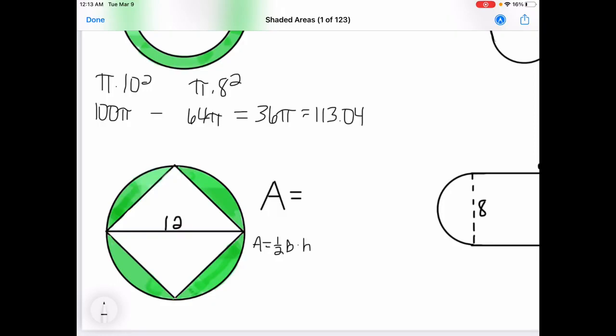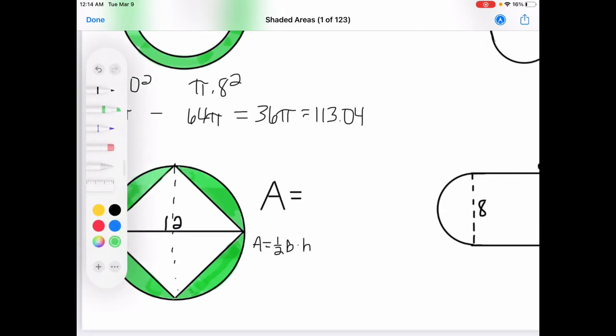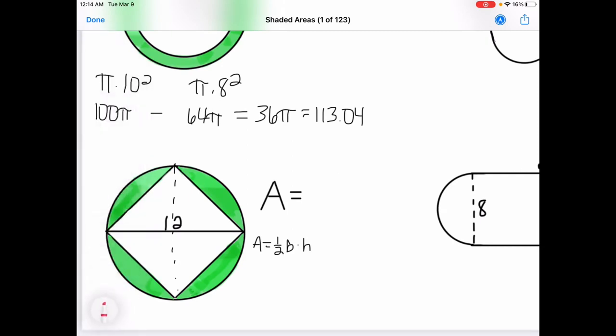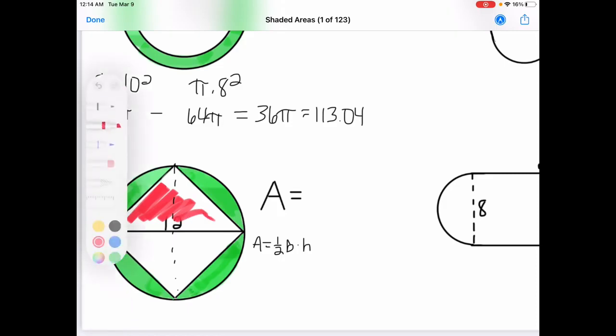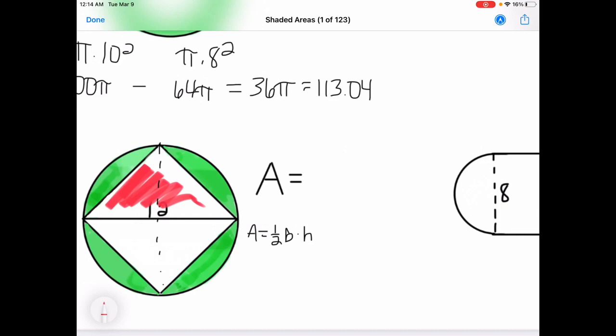And I know that the circle from the center to the outside of the circle is the same distance all the way around. So if my diameter through the center is 12, then that tells me that my height is also going to be 12. So going this direction, that is also 12 units tall. So the area of the red triangle would be half of my base, which is 12.